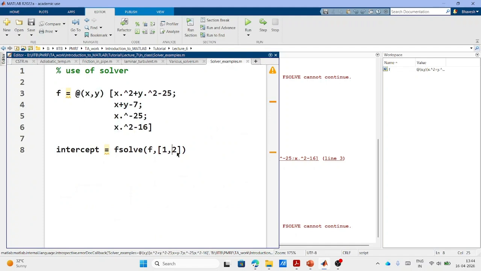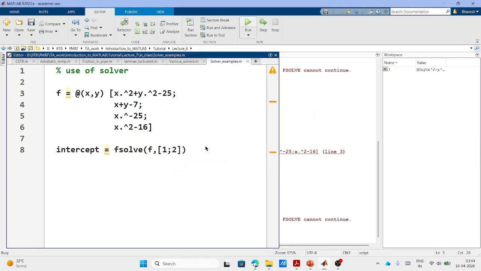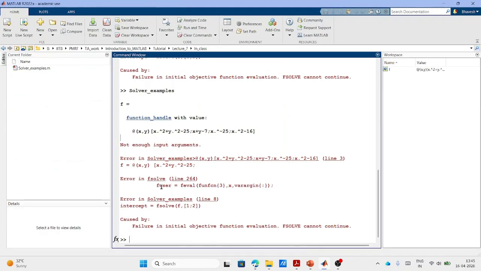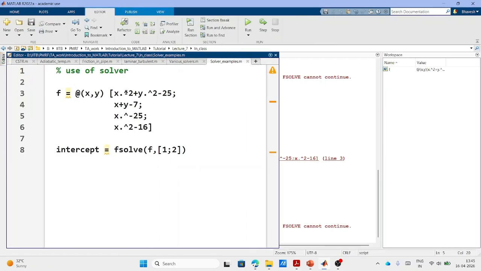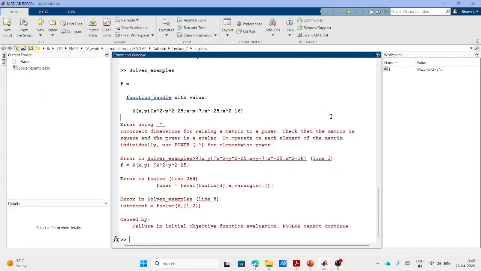So what if I write it this way? Again, I'm getting an error, not enough input arguments. So let me remove this dot power part. Now there's a failure initializing the option function value fsolve.